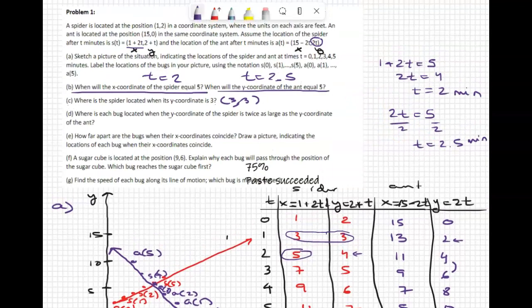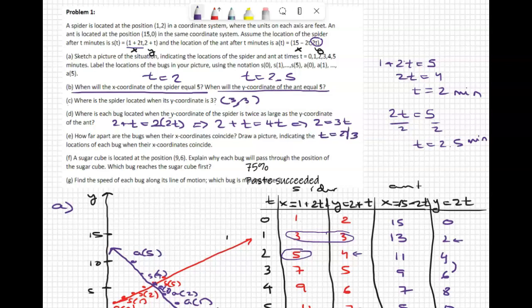So we're trying to figure out when the y-coordinate of the spider, which is 2 plus t, is twice as large as the y-coordinate of the ant. So it's 2 times 2t. Okay, so we can solve this equation. We have 2 plus t equals 4t. We get 2 equals 3t. We get t equals 2/3.